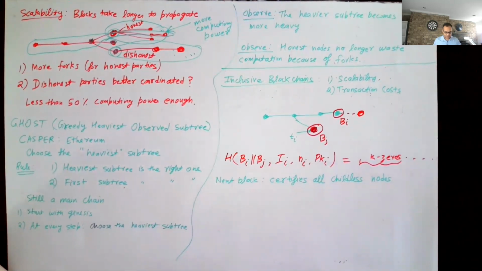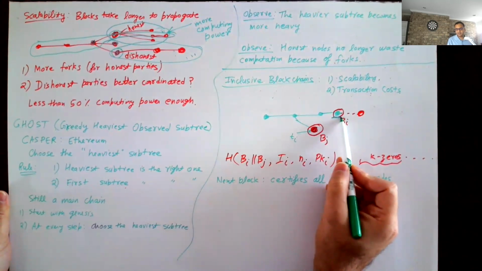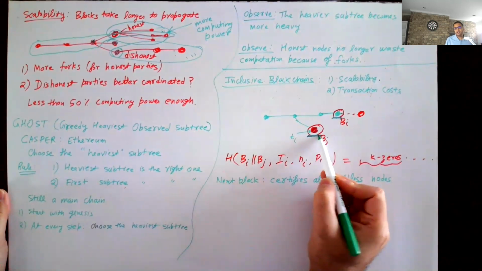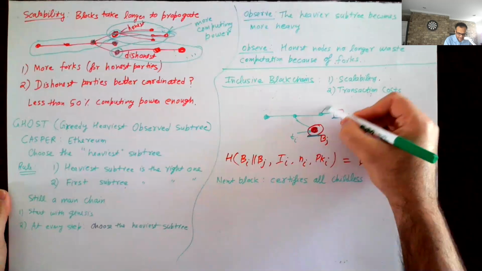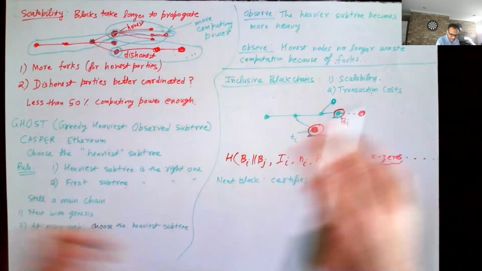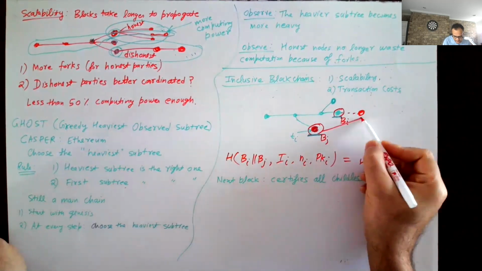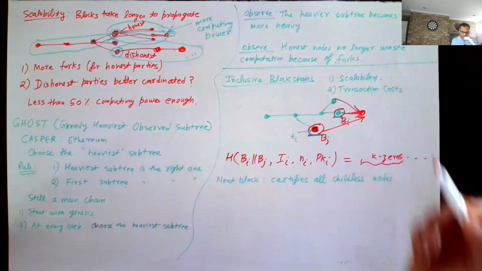Okay. And what are the childless nodes? Of course, there's a node in the main chain, which is sort of the last one. There's a node here in this fork. So you take both of them. Maybe there's another one here. You will take this as well. And the next node, in some sense, certifies all of them.